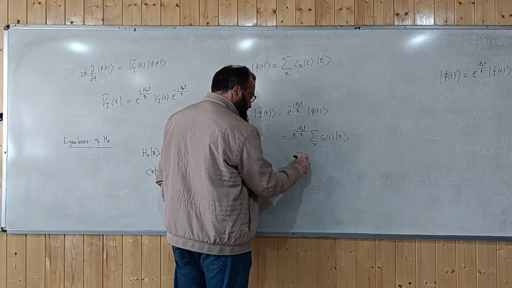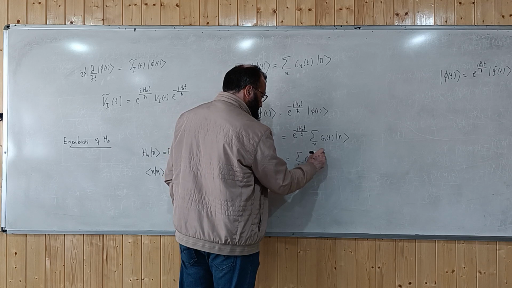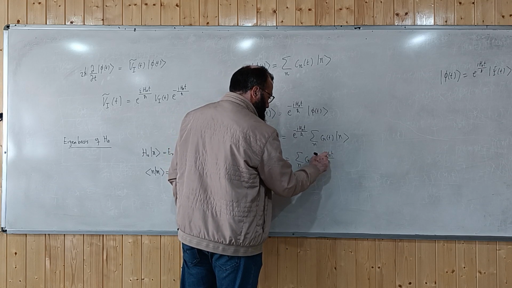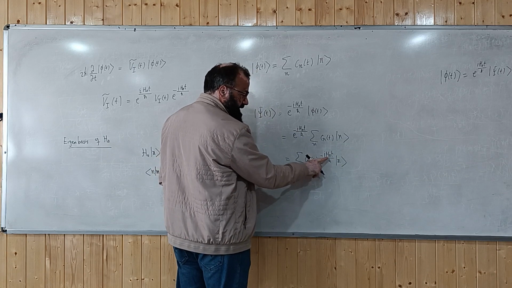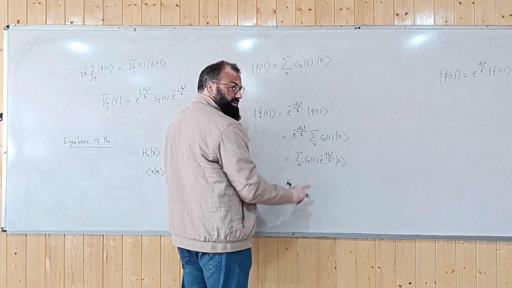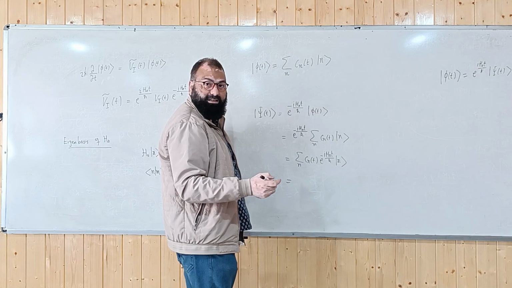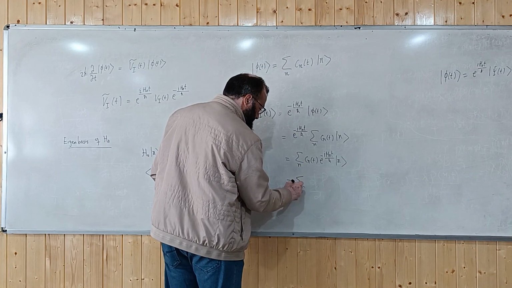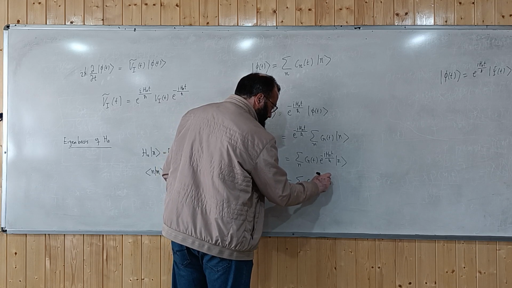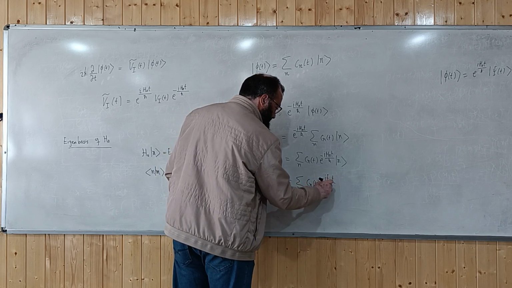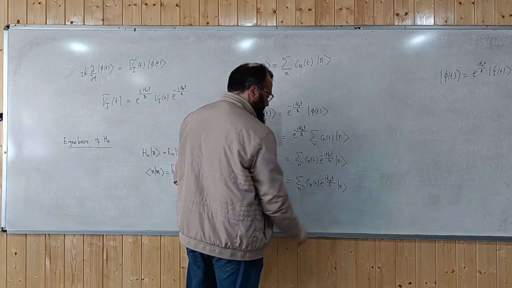So you have e^{-iH_0 t/ħ} acting on |n>. What will it give me? This operator acts on |n> and gives me the eigenvalue corresponding to n. So it will simply be C_n(t) e^{-iE_n t/ħ} acting on |n>. Clear?